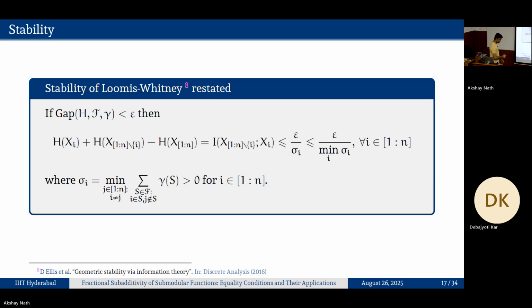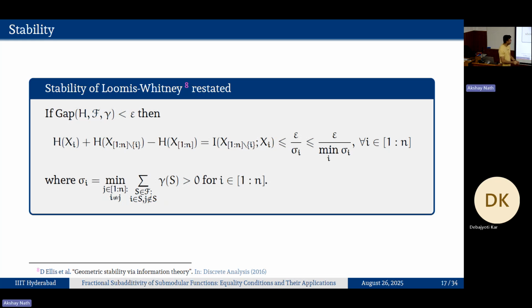Their statement is that the mutual information between a one-marginal versus the complement marginal is small for every marginal. And this holds in any dimension that you want. If you set this epsilon to be 0, then that is the equality.